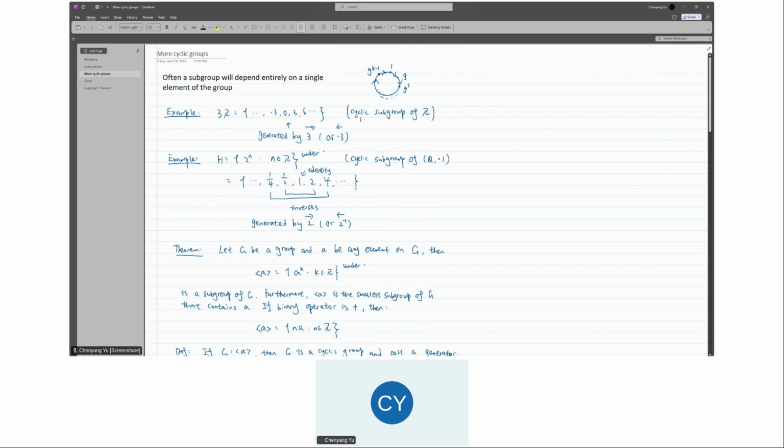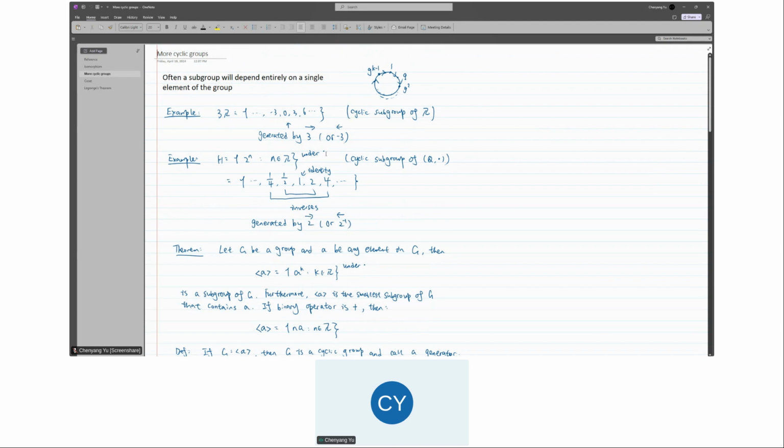So this one is a cyclic subgroup of Z, and the generator is 3 or -3. Another example is H, which contains 2 to the nth power, where n is an integer.